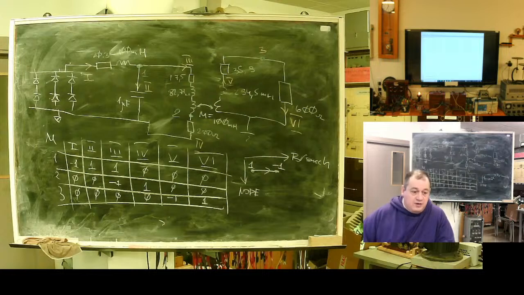I have Z inverse. So now I can compose the nodal admittance matrix. I forgot one thing. I need a transpose of the M matrix.